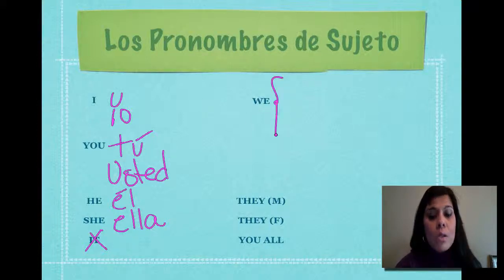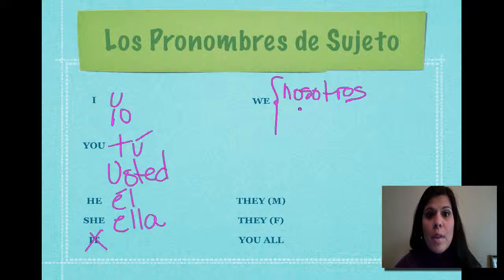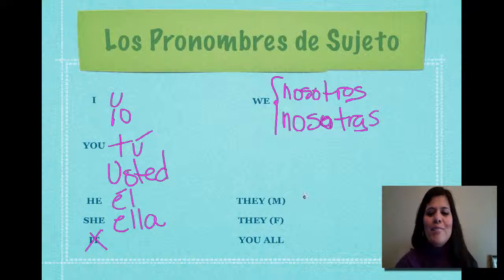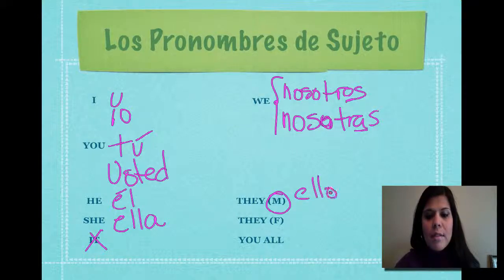We have two options for we. We have nosotros, with an O. Remember, that means it's masculine. And then you have nosotras, with an A, that means it's feminine. For they masculine, we have ellos, again the O. For they feminine, we have ellas.